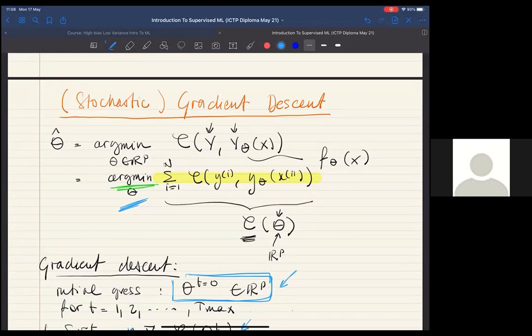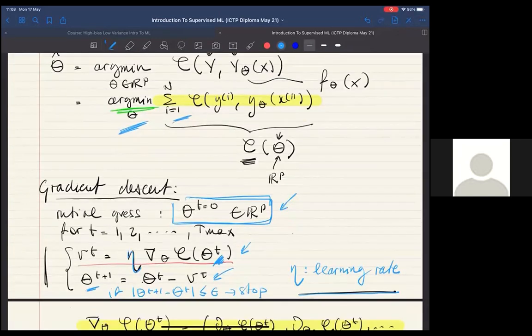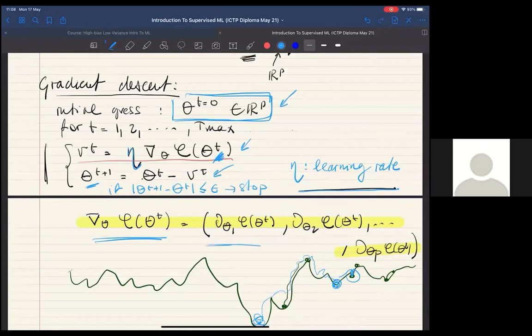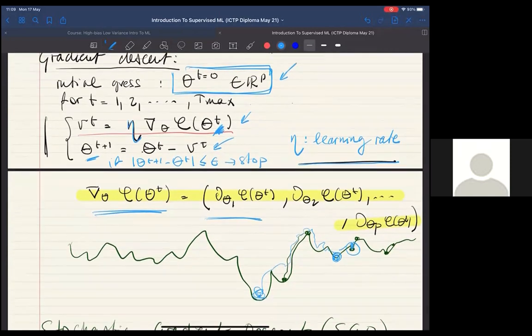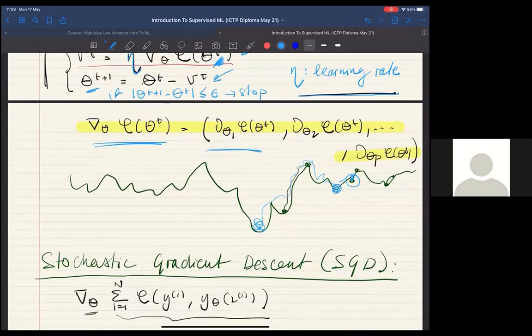And for each of these samples in this sum, you have to compute P partial derivatives. So the complexity scales as P times N times the number of iterations of the algorithm. And P times N is a huge number in the high dimensional applications that we have in mind. So this is not very practical.